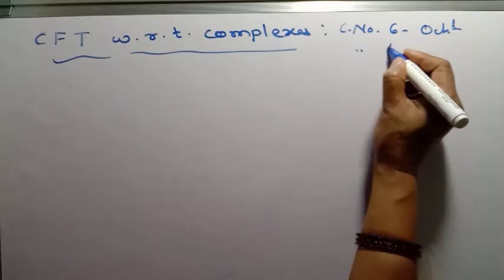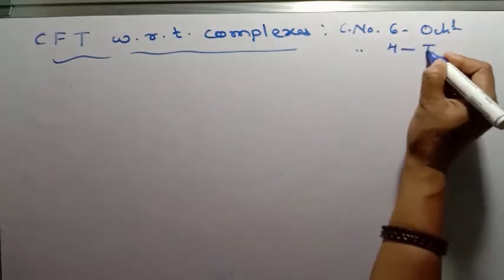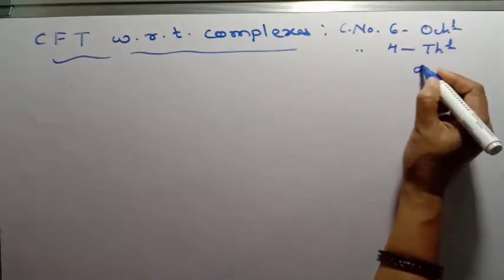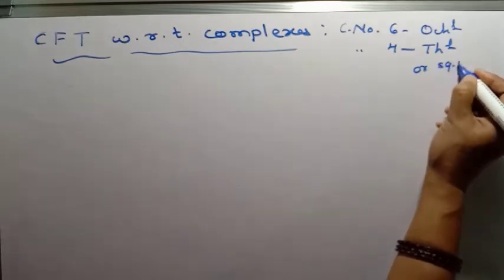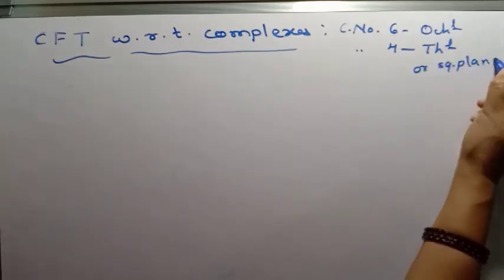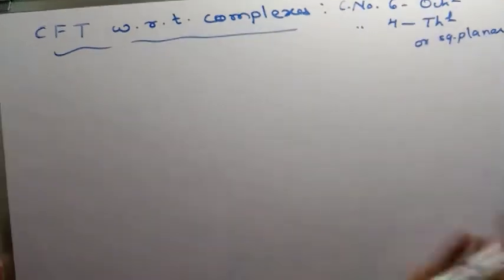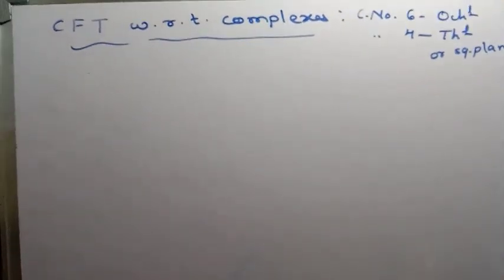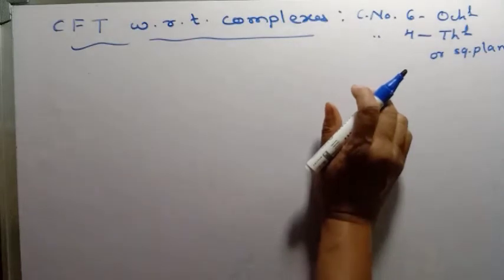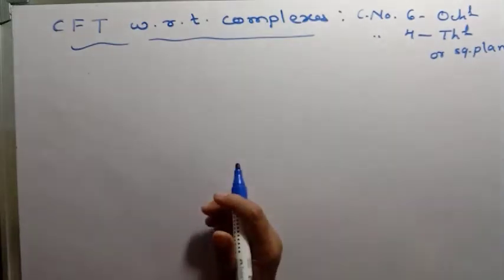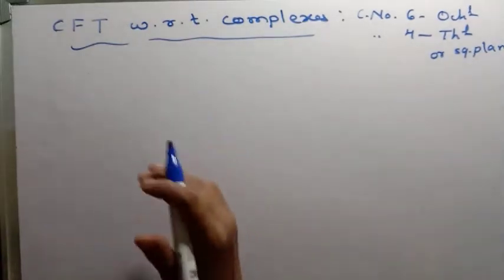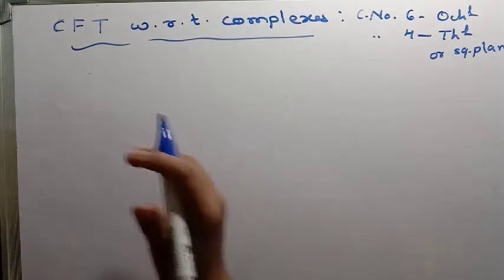If the coordination number is 4, that may be tetrahedral or square planar. You are already well familiar with this. So when crystal field theory is applied to these complexes having different coordination numbers or geometries, how it explains, we'll see now.